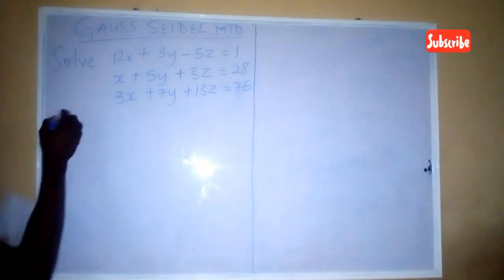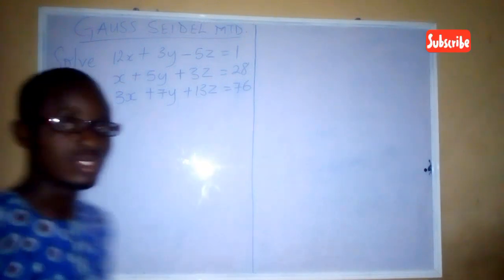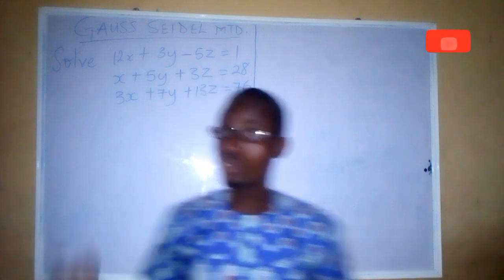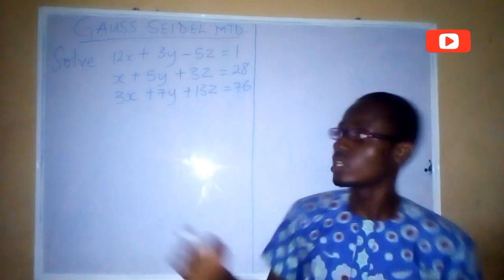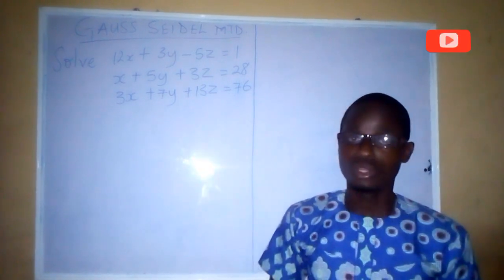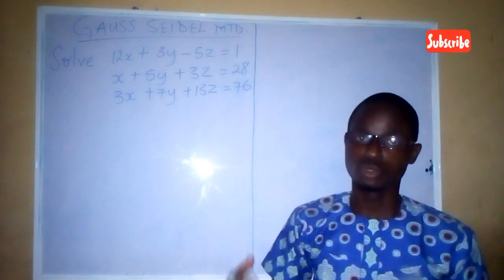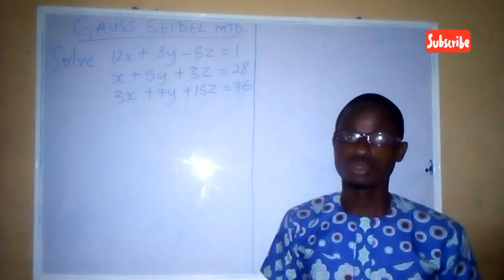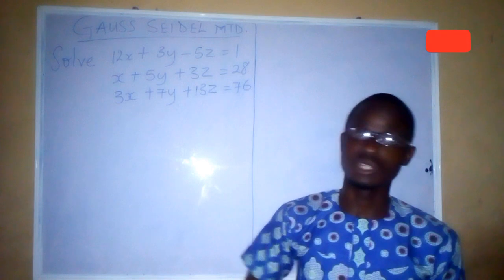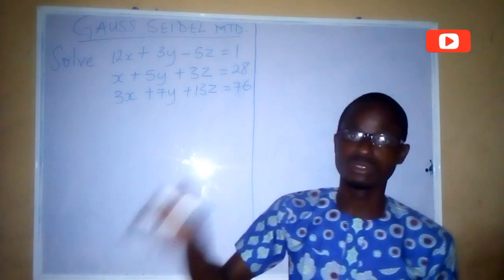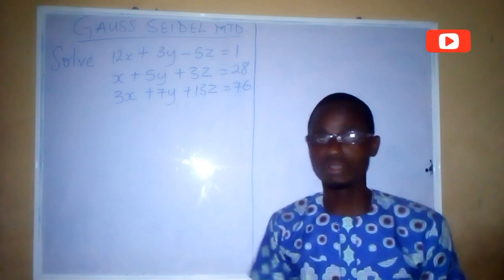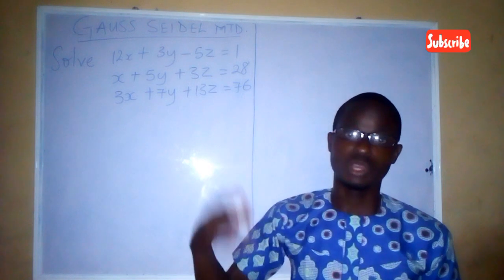Now the question gives us its own assumption. Mostly the assumption made when you want to solve this kind of question is that x, y, z are 0. But you sometimes might come across a question where the assumption is given to you, starting from x equals this. That's the starting point, which we call an assumption or a guess.